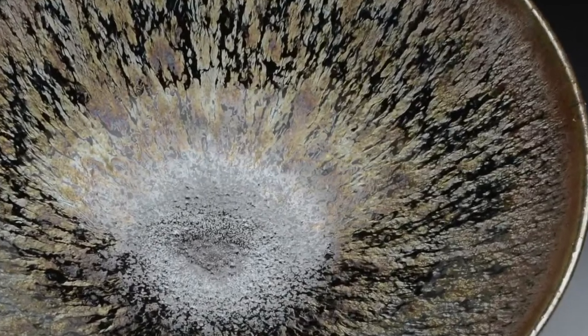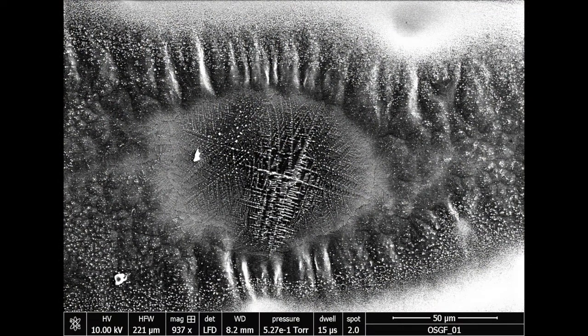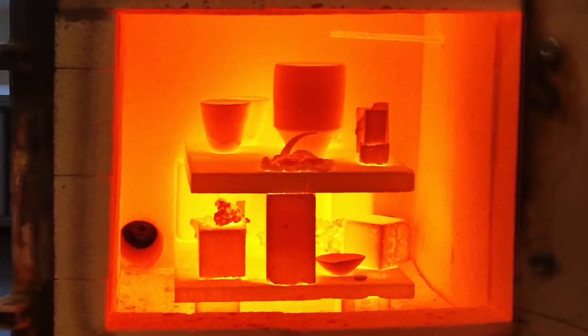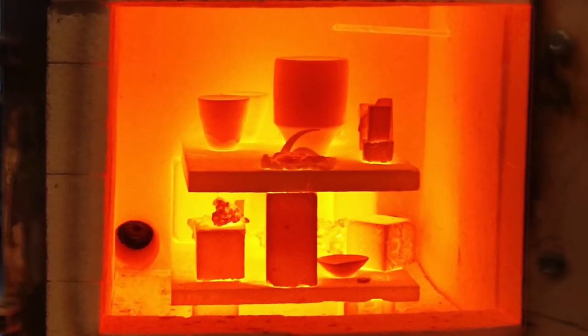To make this image make a little more sense, I think it would be useful to explain what an oil spot glaze is. The simplest way to describe it is that you take a glaze and you saturate it with iron oxide. Iron oxide is Fe2O3, so you've got 2 iron atoms and 3 oxygen atoms. Well, if you fire that iron oxide hot enough, it becomes unstable.